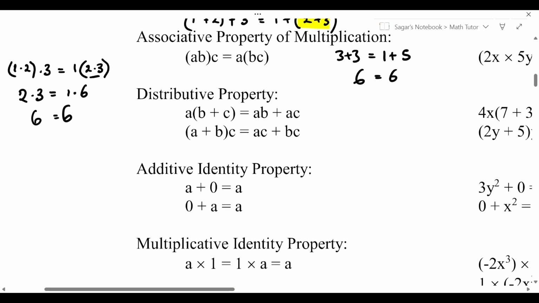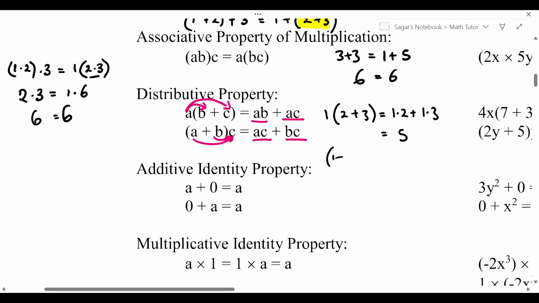Let us move on to the distributive property. A times B is AB, A times C is AC. The second one, A times C is AC, B times C is BC. If we put in numbers, you will see we will get the same thing. So 1 open brackets 2 plus 3 is equal to 1 times 2 plus 1 times 3, which is equal to 5. Let's work with the second one.